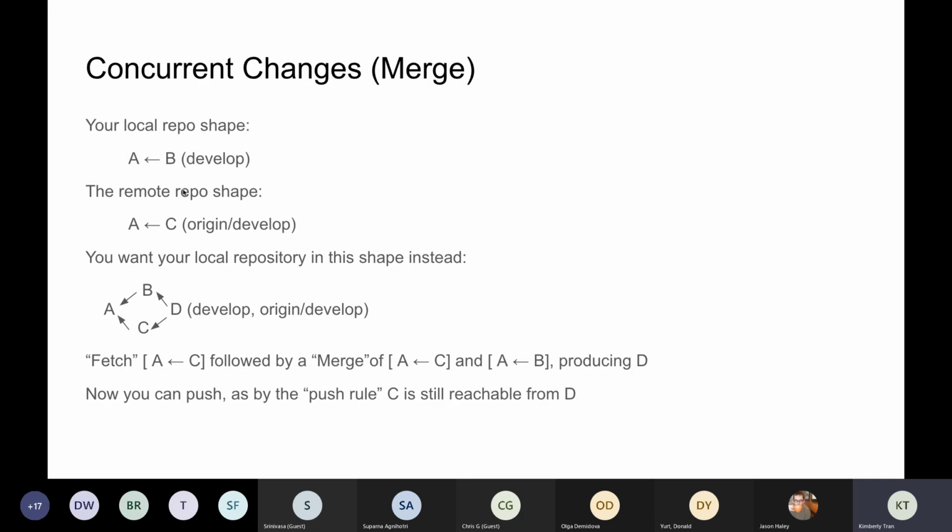So if you're at A, B and you pull A, C, what git does is that it first brings down A, C and then it does a merge.